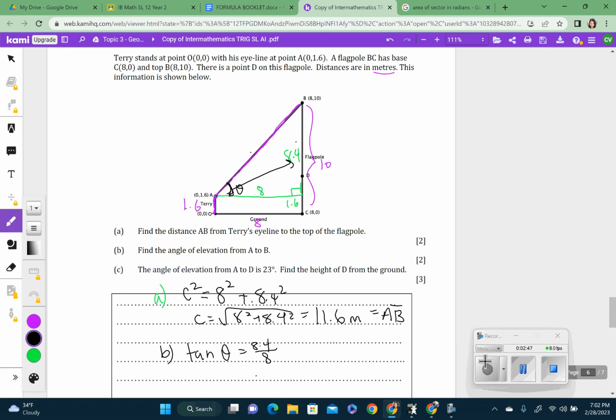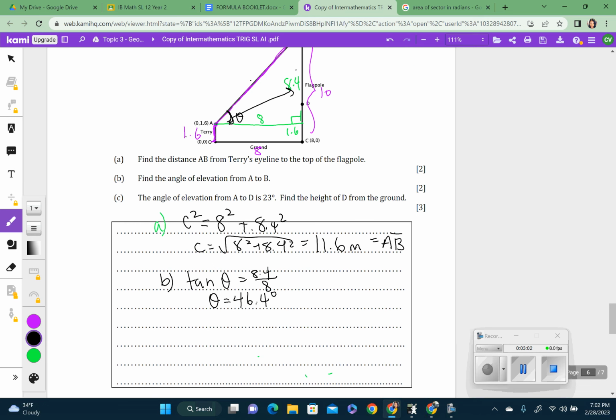So I'm going to do this in the calculator. Remember, to find the angle, I'm going to do second tan or inverse tan. And so then I'm going to get that theta is equal to 46.4 degrees. And if you don't get these, please let me know, all right?